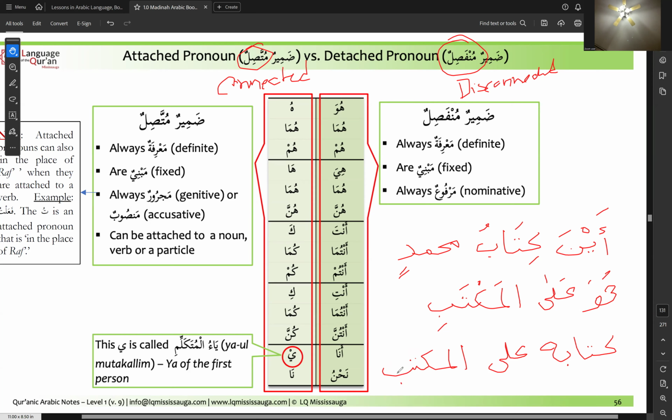Okay, kitabuhu alal maktabi. Now, why is it maktabi? Very easy question. Because of the... okay. Anyway, alal maktabi. Why is it maktabi?